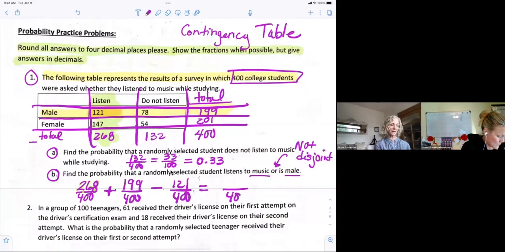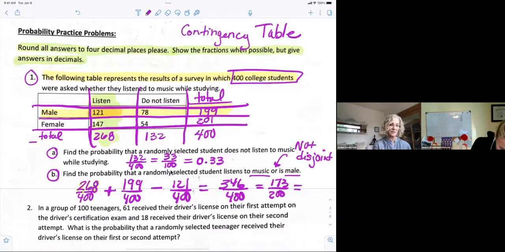So then we end up with, out of the 400 in the denominator, 346, by taking 268 plus 199 minus 121. And if I simplify this by dividing by 2 into the numerator and the denominator, I get 173 out of 200.